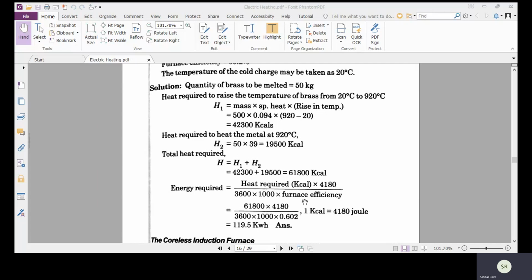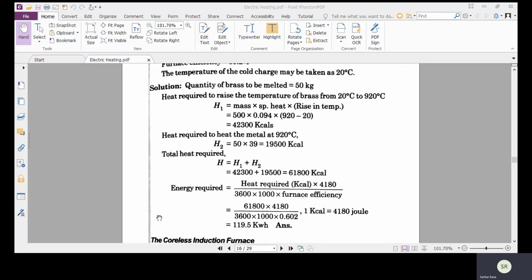So heat required we have calculated is 61800 kcal. 1 kcal is equal to 4180 divided by 3600 multiplied by 1000 multiplied by furnace efficiency, which is equal to 60.2%, so 0.602. We just solve this value, we get the value of 119.5 kWh.